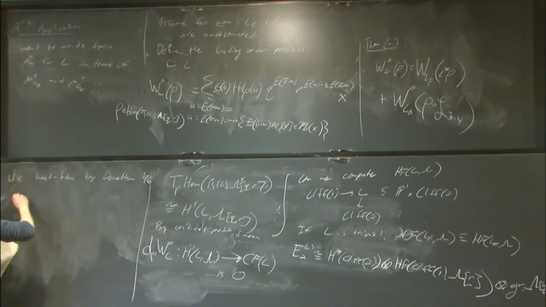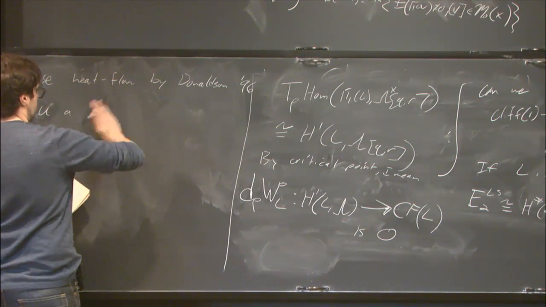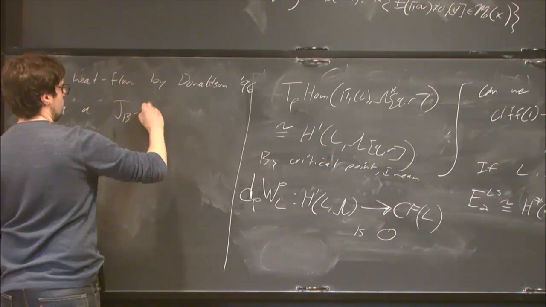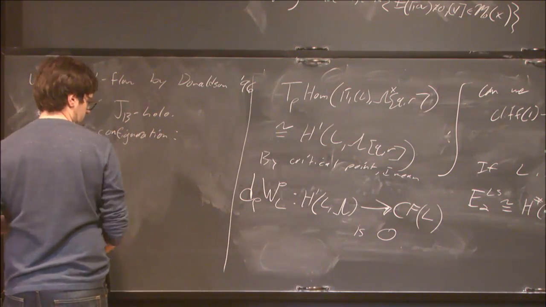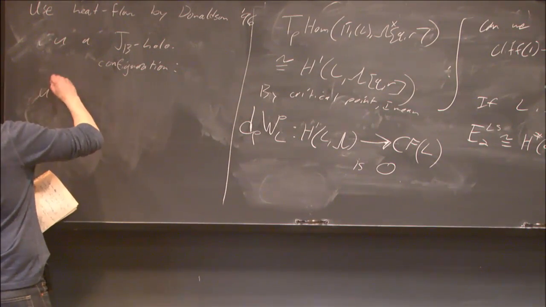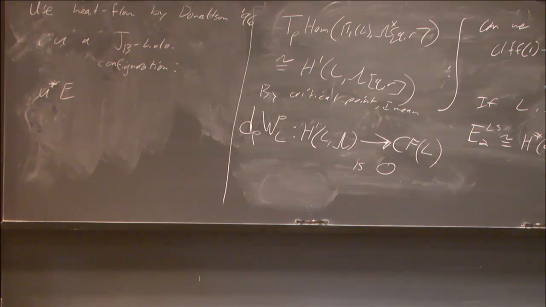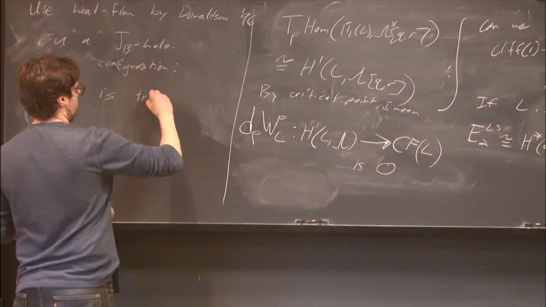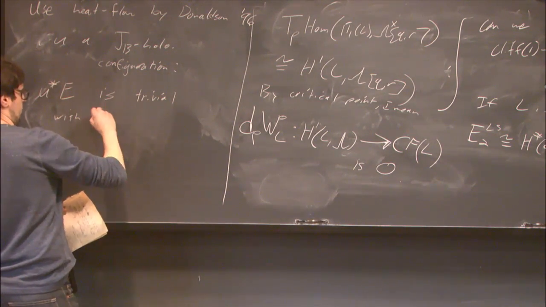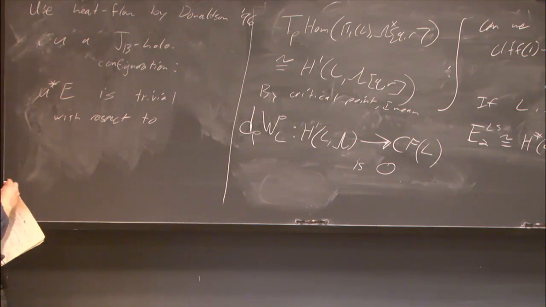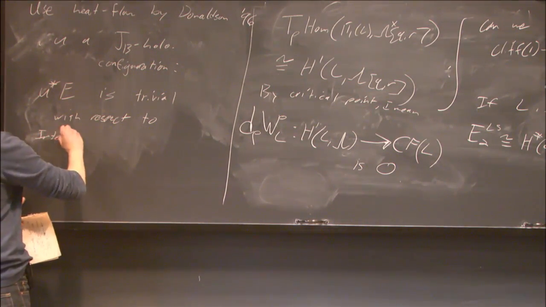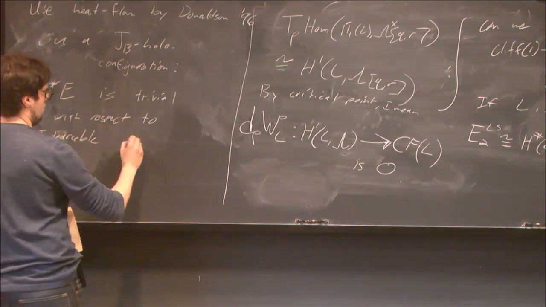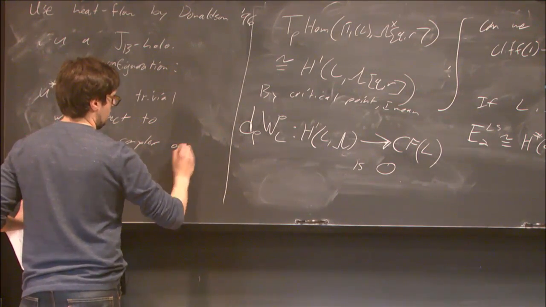So for U, we'll say a J sub B holomorphic configuration, you can consider the pullback U star E is trivial with respect to the almost complex structure, let's say integrable complex structure on F.